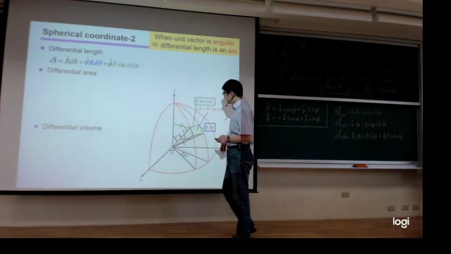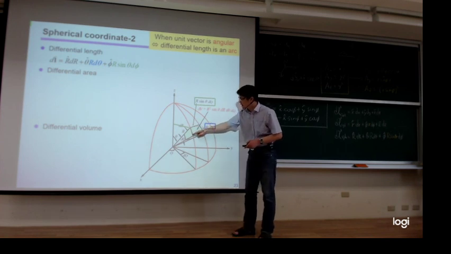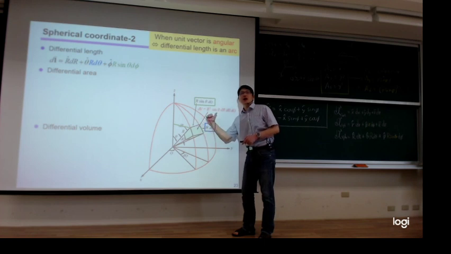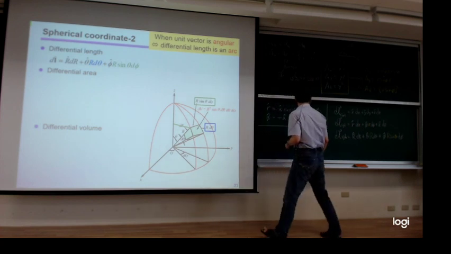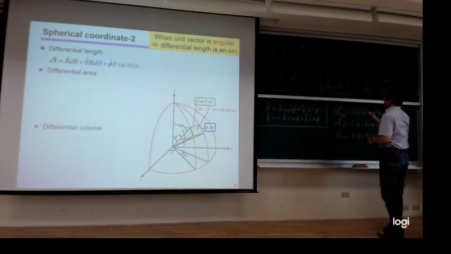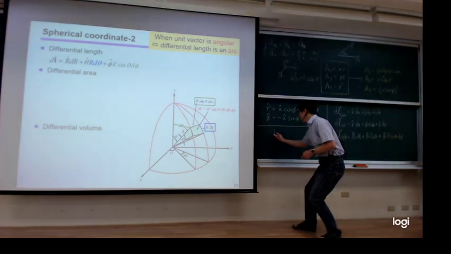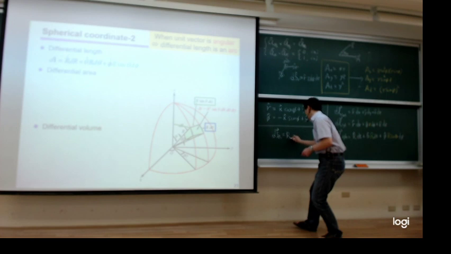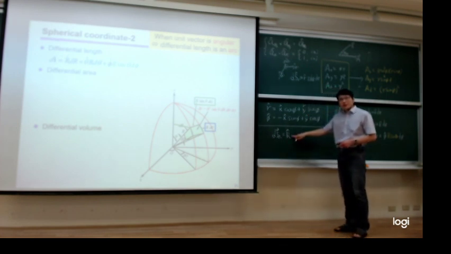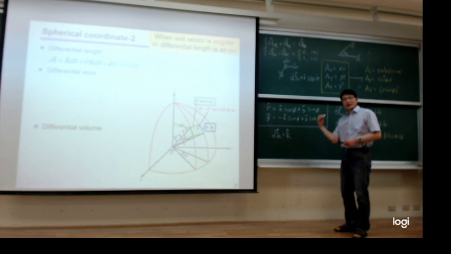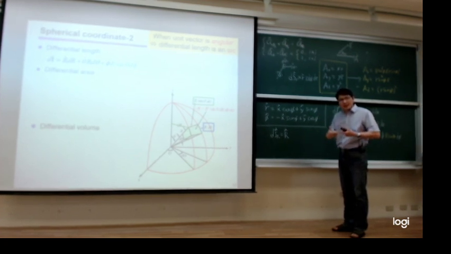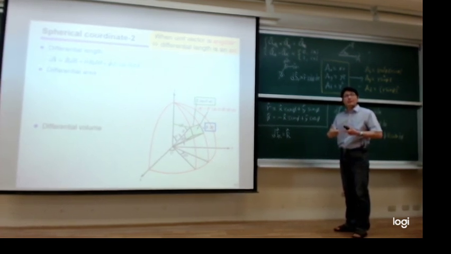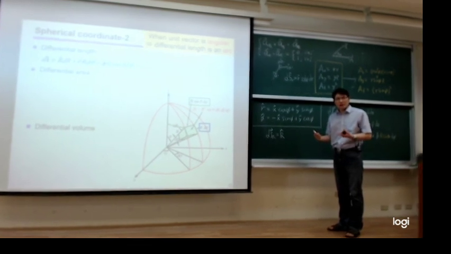For example, if I want to properly express this surface in the capitalized r direction, dS_R, if your surface is in the capitalized r direction, its area must be contributed from the other two differential lengths.